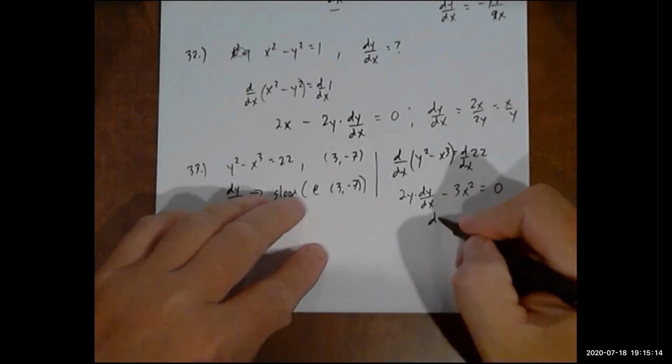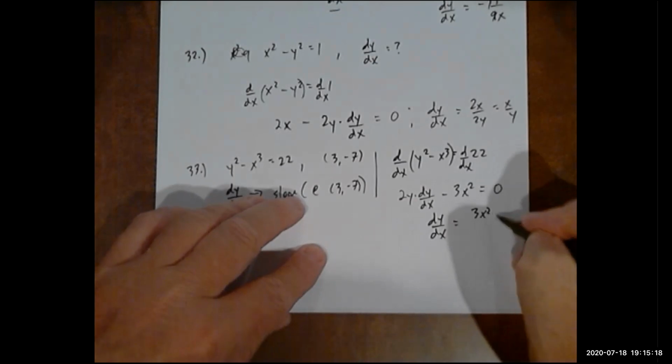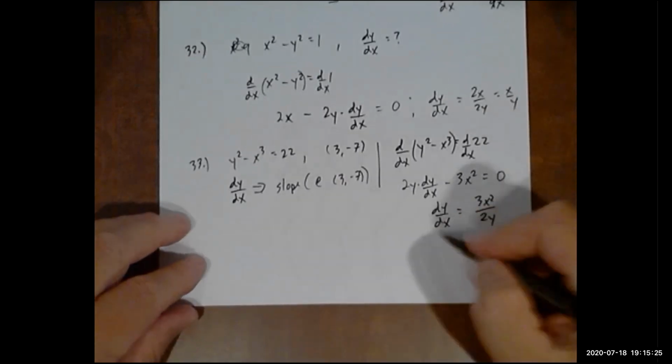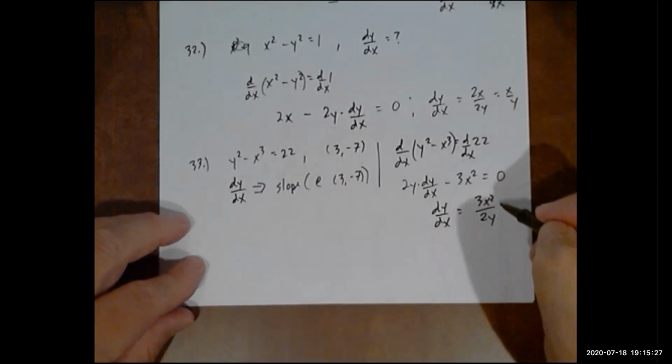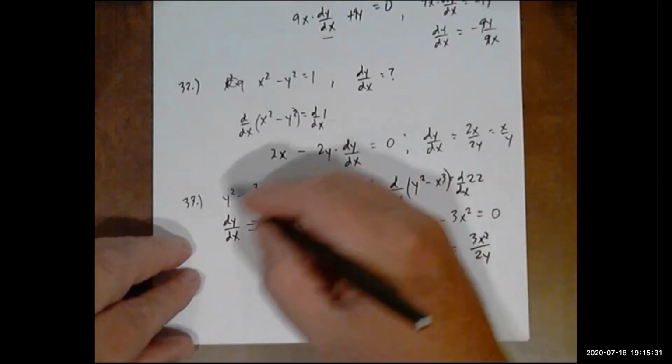If I solve for dy/dx, it's going to be 3x squared over 2y. So this is now the derivative, or you could say the slope of this equation.